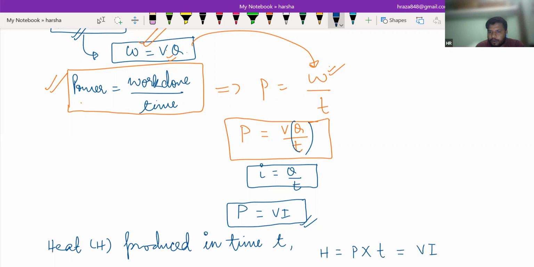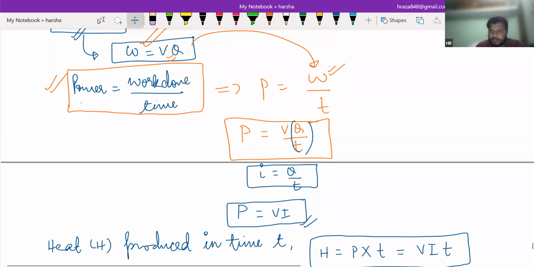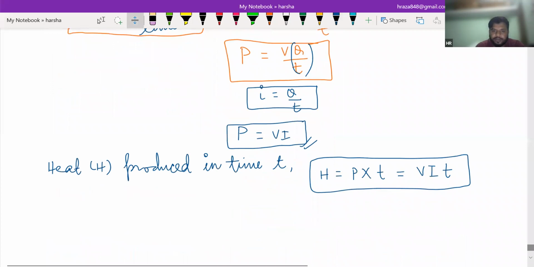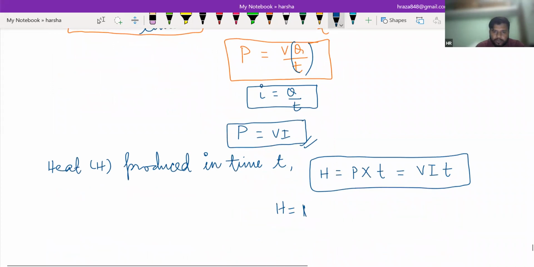So the main formula is H will be equal to V into I into T. I'm going to explain it again. It's very easy. You will easily get it. H will be equal to V into I into T.